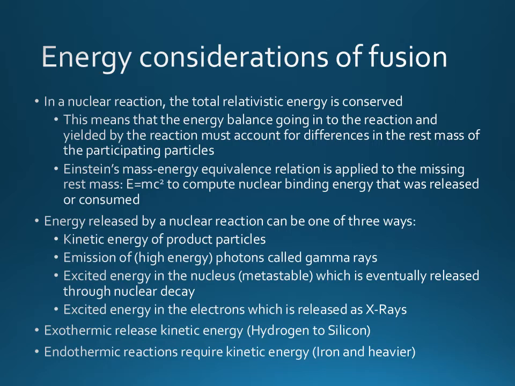Fusion reactions release energy in the form of kinetic energy, that is, the energy of motion of the product particles, the emission of high-energy photons called gamma rays, the excited energy states of the product nuclei, which are metastable and subsequently released through nuclear decay, and the energy of excited electron states, which is subsequently released as X-rays when the configuration of its electron shells reaches the ground state. Exothermic reactions release kinetic energy. Endothermic reactions require kinetic energy.